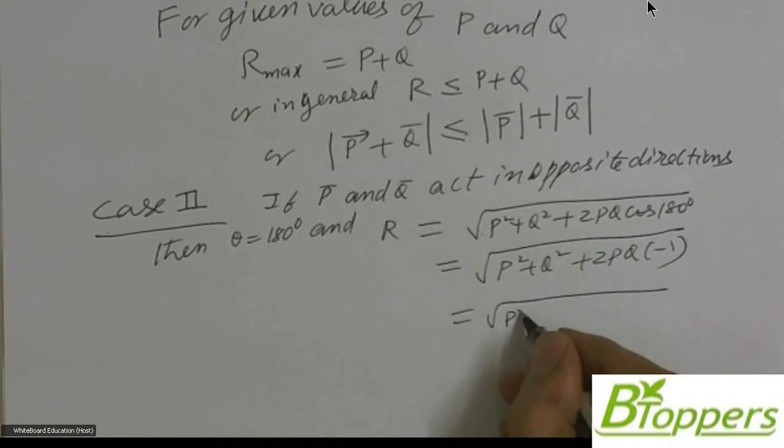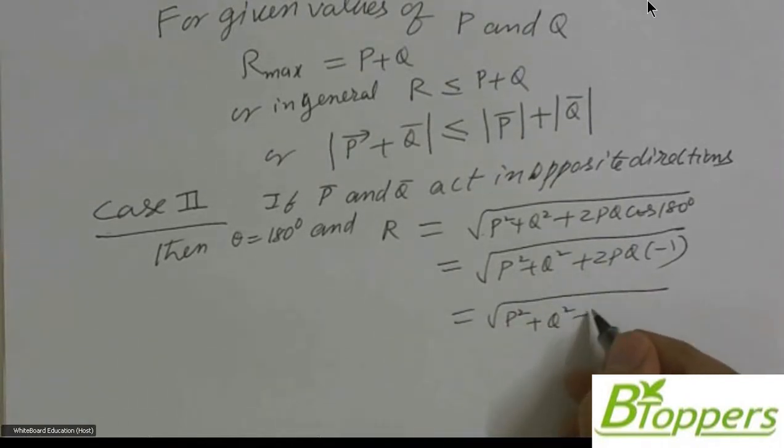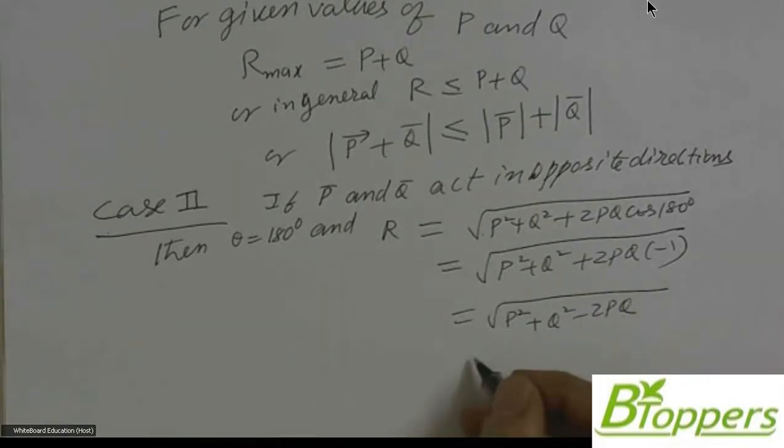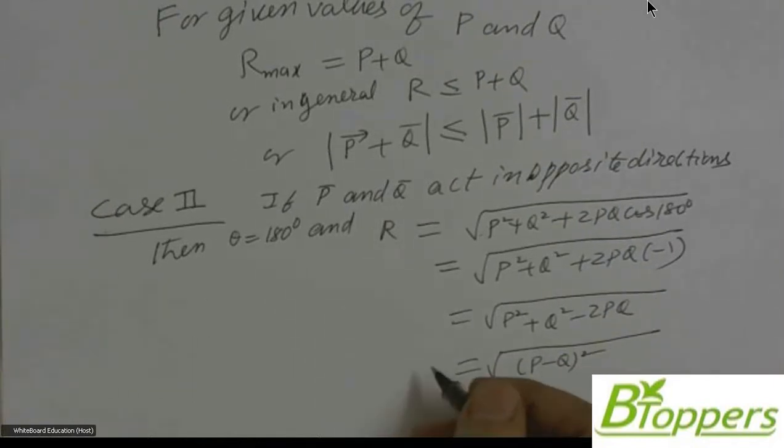So you get root of P square plus Q square minus 2PQ. That you can write root of P minus Q whole square.